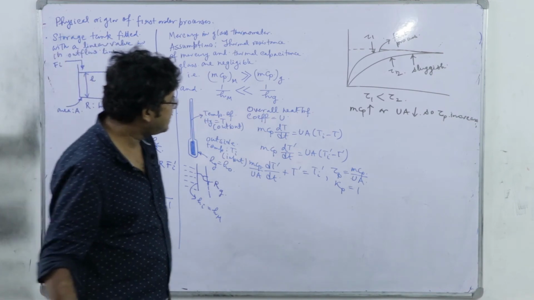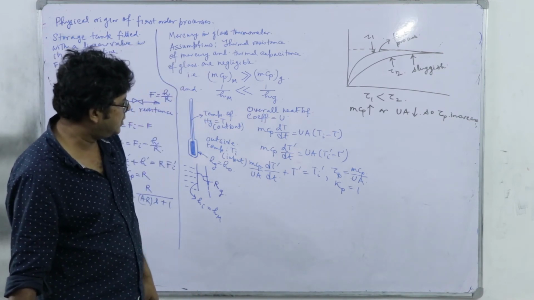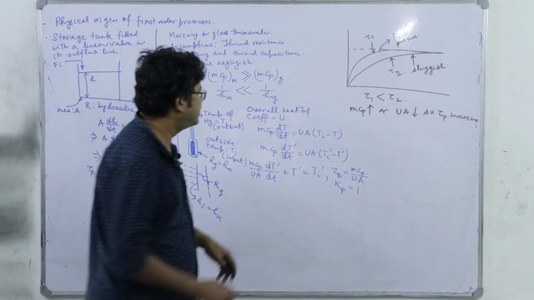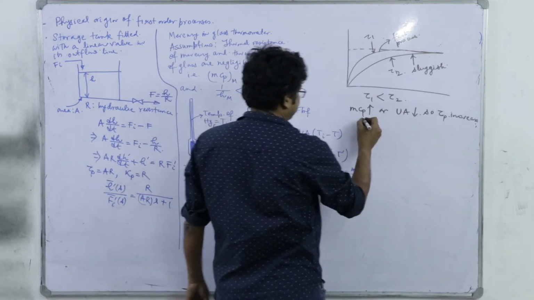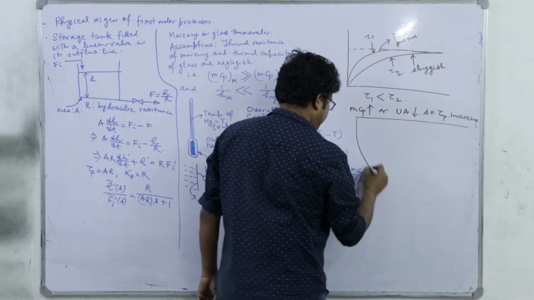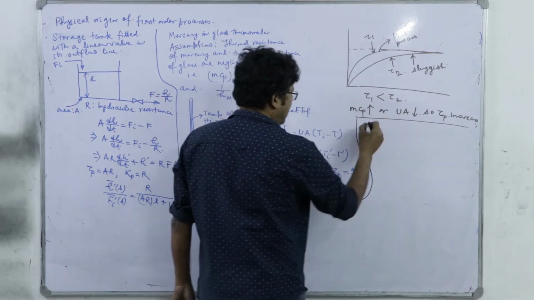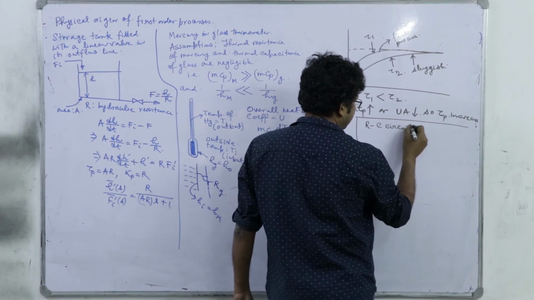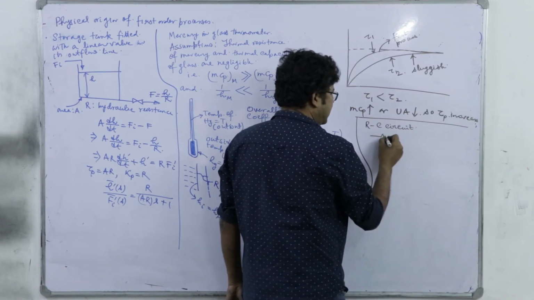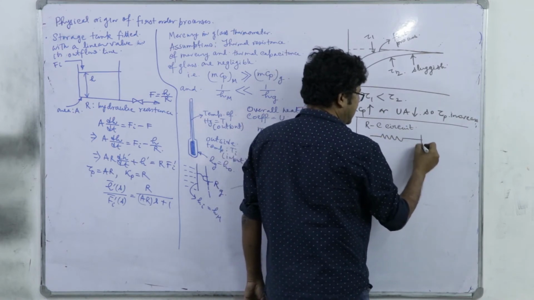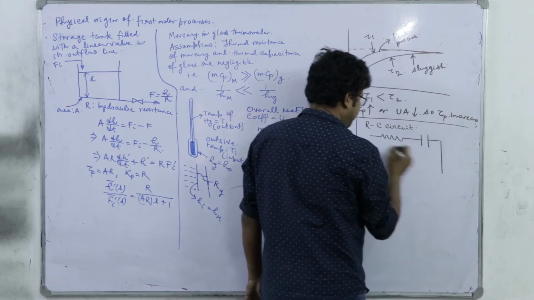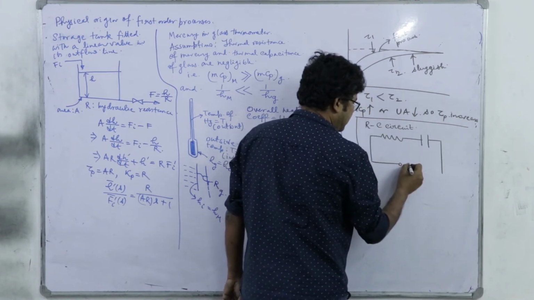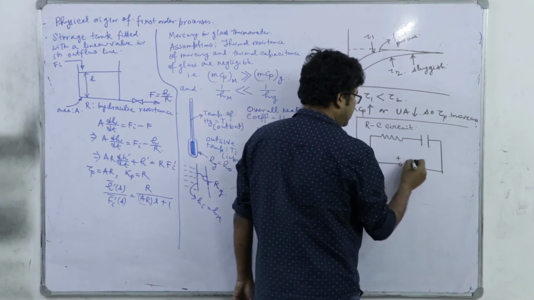Okay. Next we introduce this system of RC circuit, where we have a resistance and a capacitor which is connected to a voltage source.